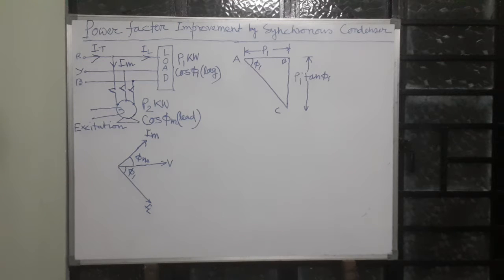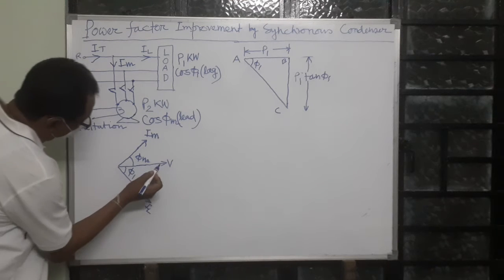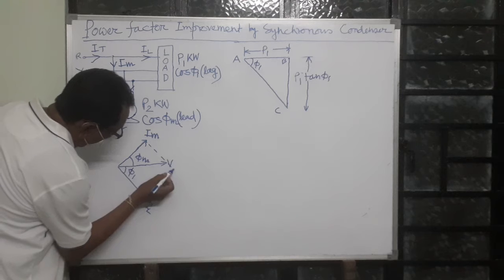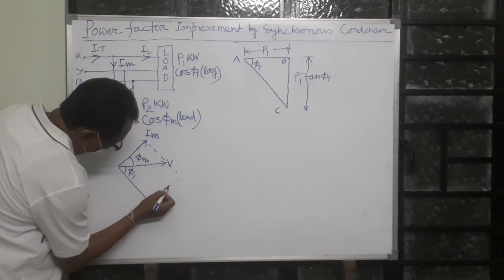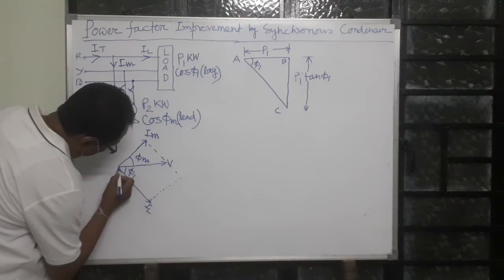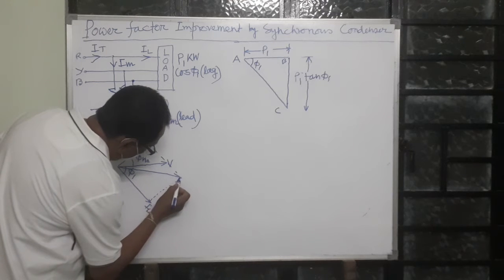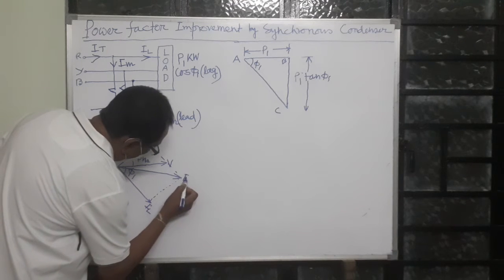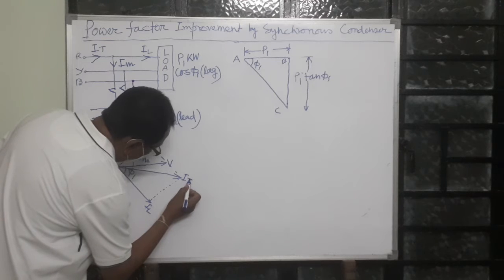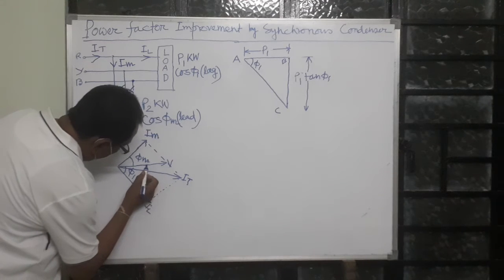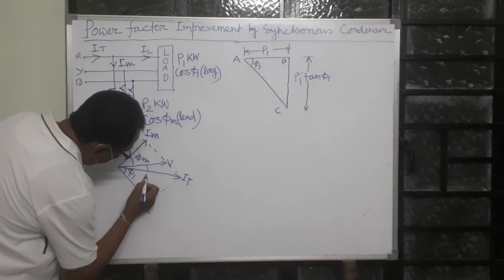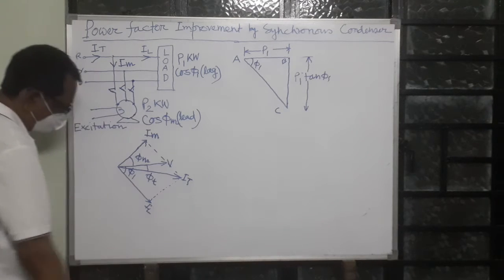So the total current we can draw as IT, and the improved power factor angle is phi t.